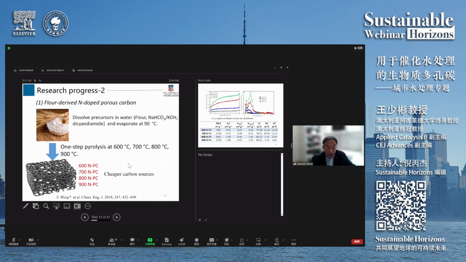In another way, we also try to look at real biomass systems, because previously we only looked at glucose.